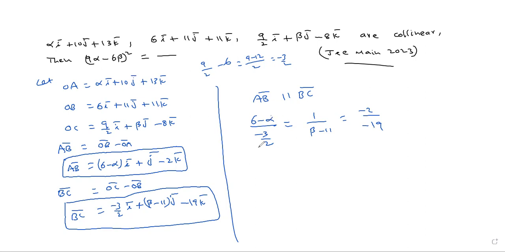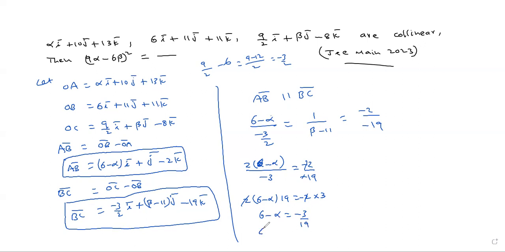So what you get here: minus 3/2 can be written as 2 of (6 minus alpha) by minus 3 equals minus 2 by minus 19. So 2 of (6 minus alpha) into 19 is equal to 2 into 3. Here minus minus cancel. This minus moves to the right side, put minus here. Again 2 cancels. 6 minus alpha is equal to minus 3/19.